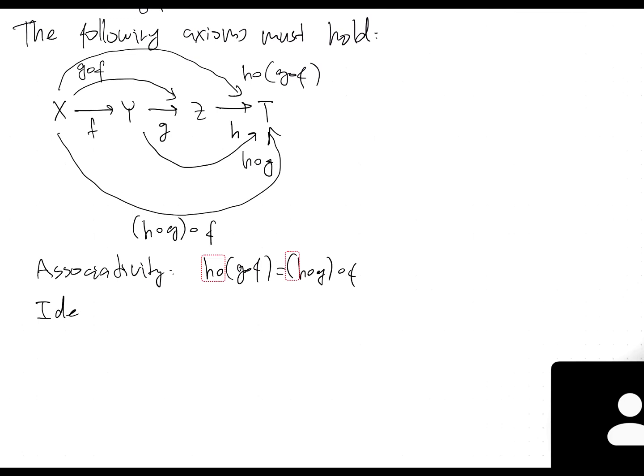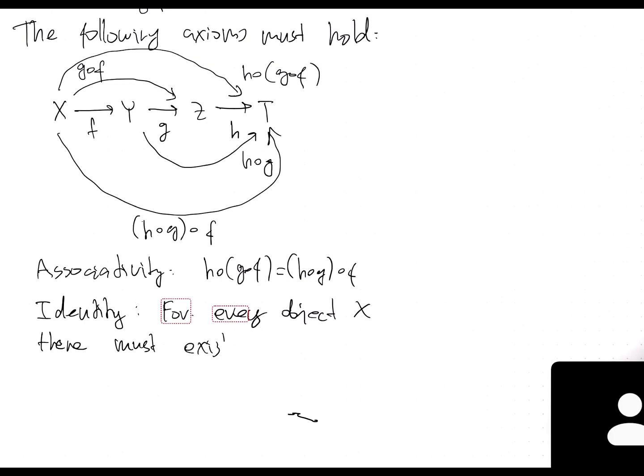And the second one is called the identity axiom. It says that for every object X, there must exist a morphism from X to X, and we will call this special morphism one with X as a subscript. So such a thing must exist, which further must satisfy the following.